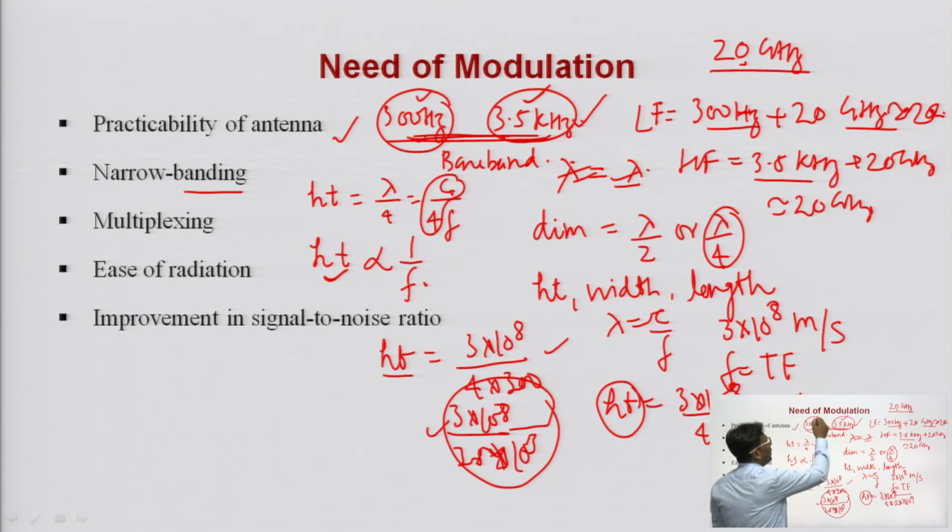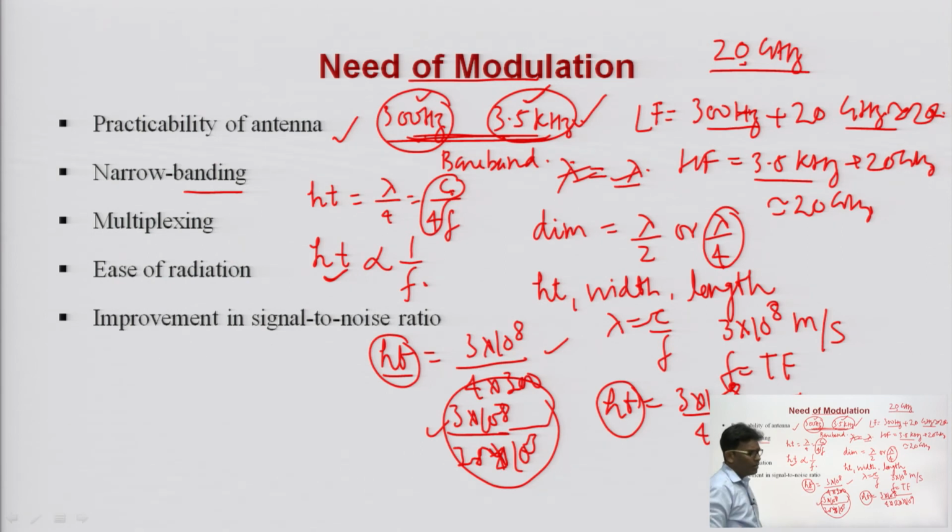It means if I transmit all the frequency components between 300 hertz and 3.5 kilohertz, I need different heights of antenna to transmit all the frequency components. So, practically that is also not possible.